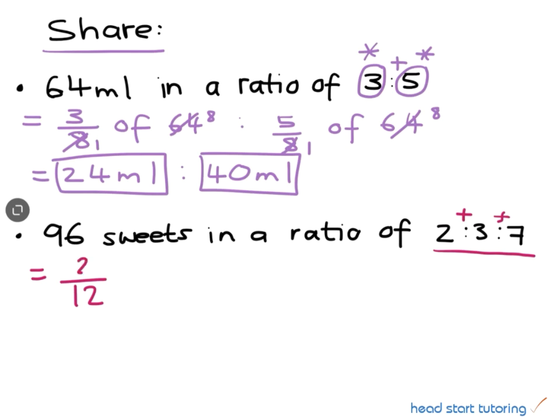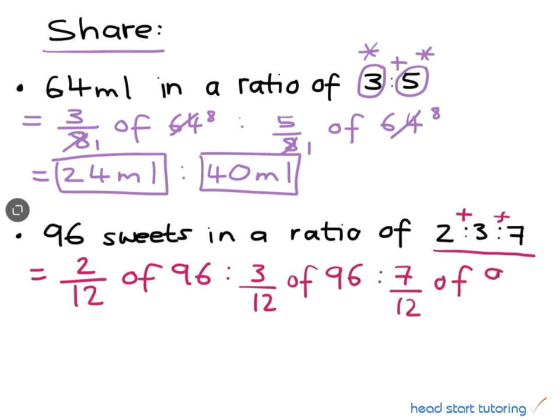So we've got 2/12 of 96. We've then got 3/12 of 96. And then we've got 7/12 of 96. And that is how we share 96 sweets in a ratio of 2 to 3 to 7.